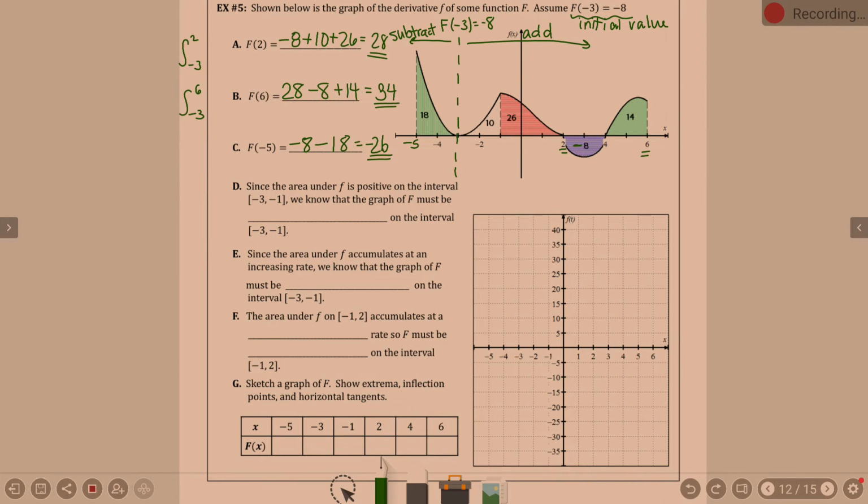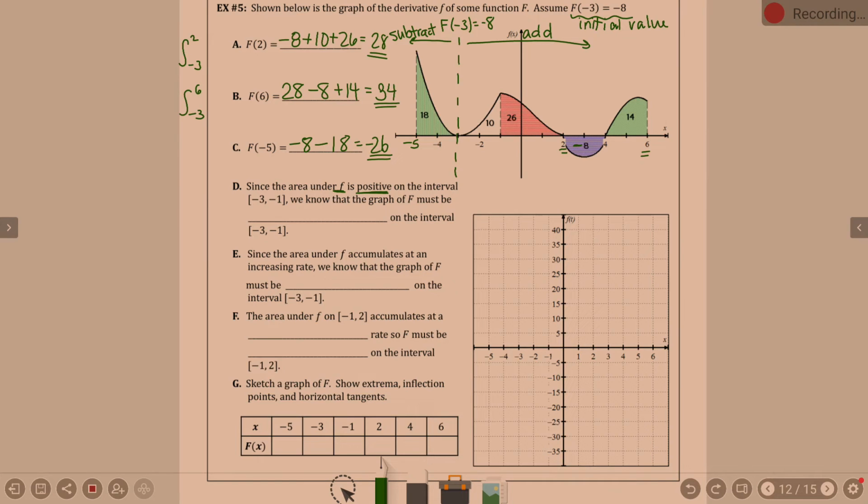D. Since the area under F is positive on the interval from -3 to -1, we know that the graph of F must be blank on the interval -3 to -1. Okay, so note the difference here. The area under little f is positive on this interval.